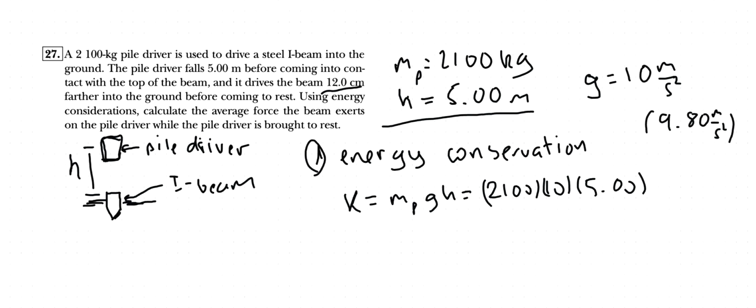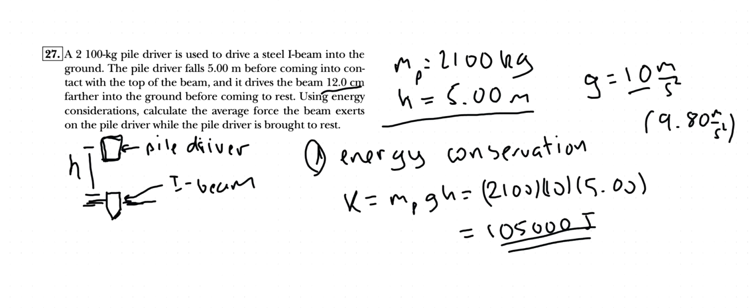Okay, and this is a 10 to all significant figures. Okay, so that's what I'm assuming. So that makes a very large number, right? 21,000 times 5 is 105,000. And it's in joules. Okay, so that's the kinetic energy of the object.